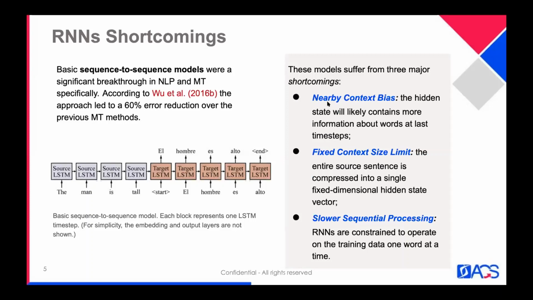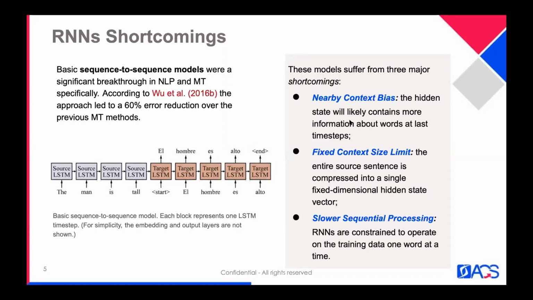We would like to overcome all these three shortcomings, but we will focus on the first two. So what can we do for solving these two shortcomings? What if the target RNN, instead of just looking at the last hidden state of the source RNN, could look at all the hidden states of the source RNN?